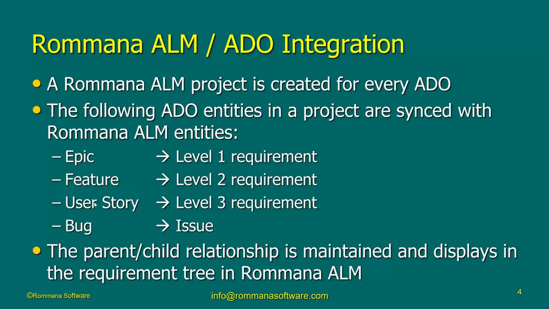User stories are typically a child of a feature, because as you probably know, if you are using ADO, that's the hierarchy within ADO. It's epics, the highest level, features are below epics, and then user stories are below features. We maintain this kind of hierarchy here.